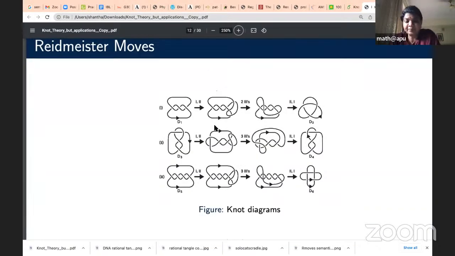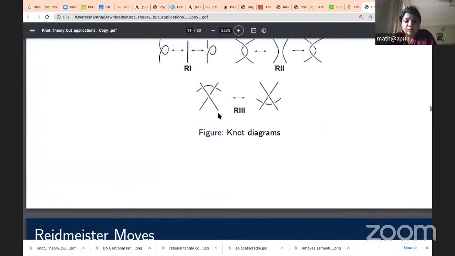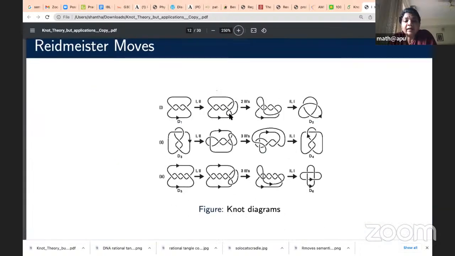Here is an example. Let us look at the first picture. In the first row, at the end, we have a trefoil knot. Through a set of Reidemeister moves, we are using Reidemeister move 3 from picture 1 to picture 2. Sorry, Reidemeister move 2.